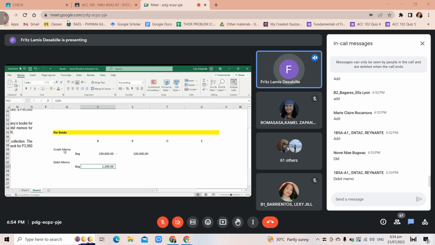And of course, since this is a beginning debit memo, it will affect our disbursements also, di ba? It is most likely going to be deducted in our cash balance in the next month pa. So therefore, we have to take out the 1.2 thousand in the December disbursements. Okay, pares-pares na.